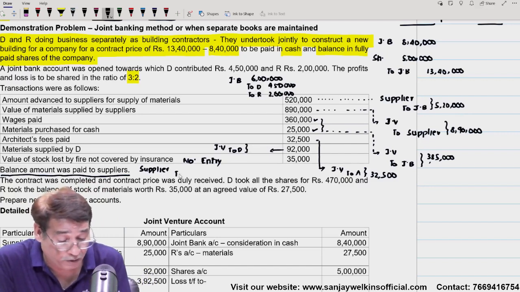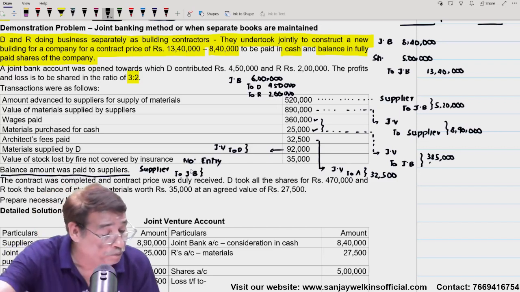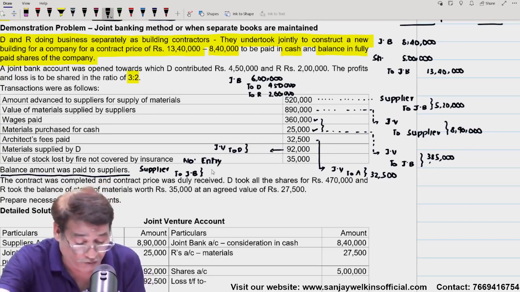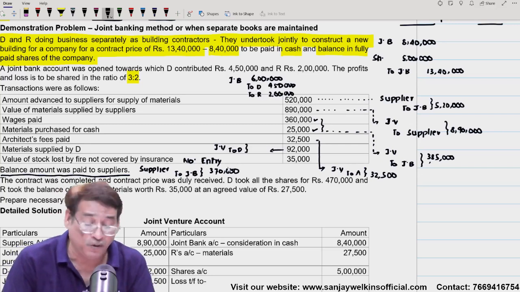The balance amount will be 8,90,000 minus 520, 3,70,000. So we are going to make a payment of 3,70,000 more to the suppliers. Is it clear to you or not?